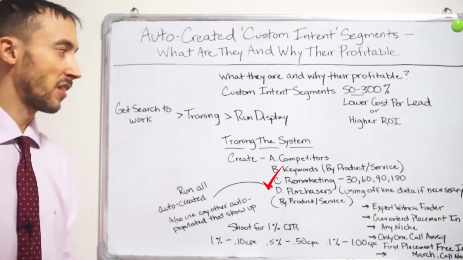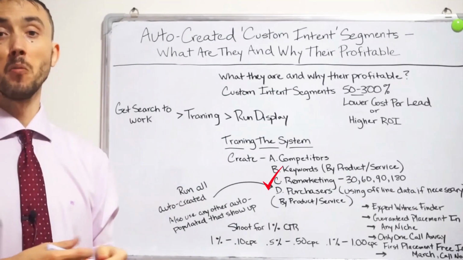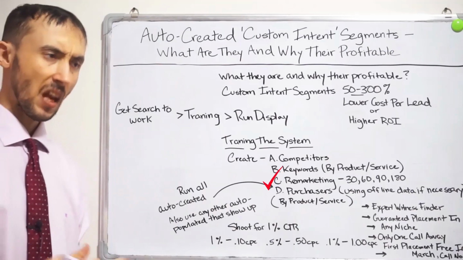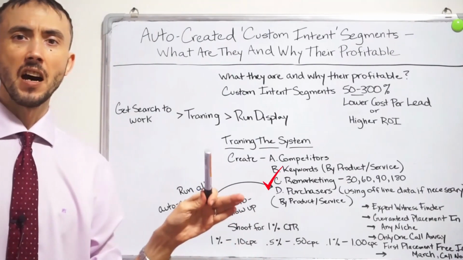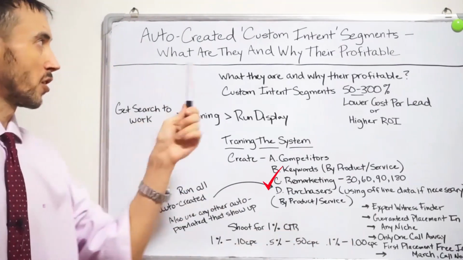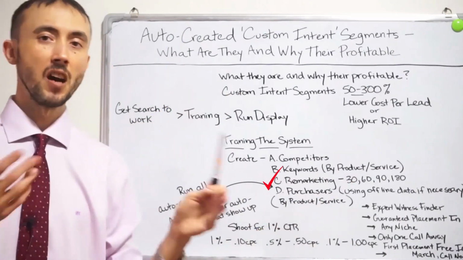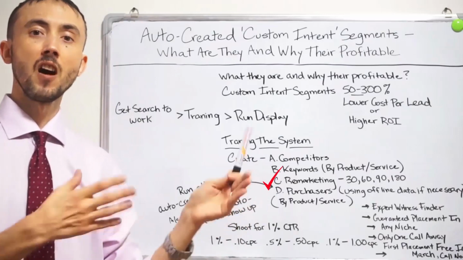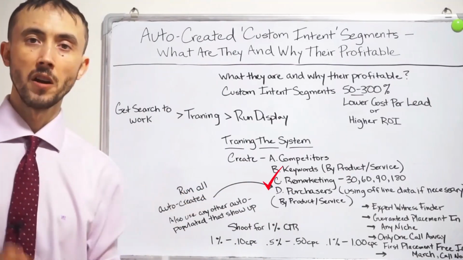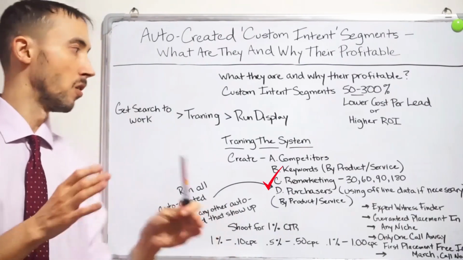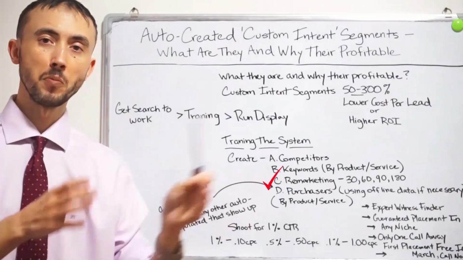But don't worry about that, basically speaking, if you don't plan on having more than 1,000 customers a month, because you probably won't spring off, or at least for the purposes of getting these auto-created custom intent segments for each individual remarketing campaign for each product.